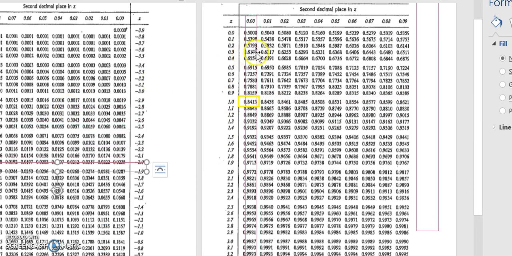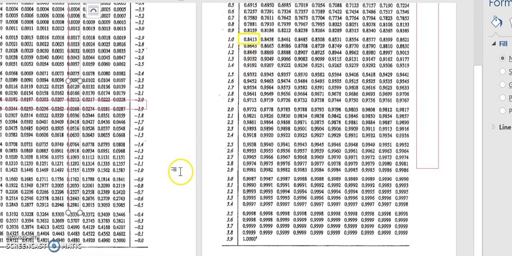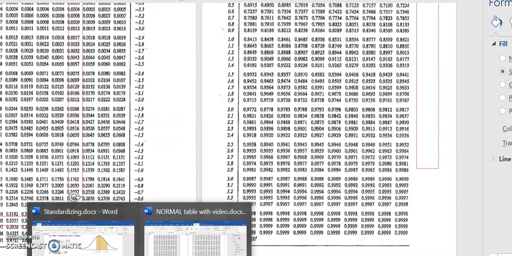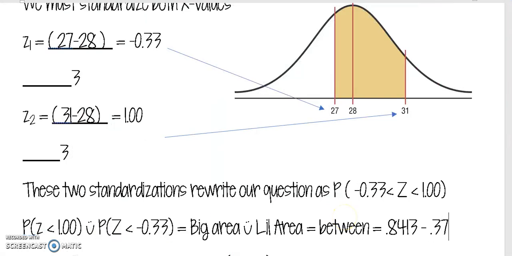And since that's not going to be in the view, I'm going to put my column already in 0.3, so that when I scroll down, I can move my box down to negative 0.3 intersected with 0.03 for an area under the curve of 0.3707.